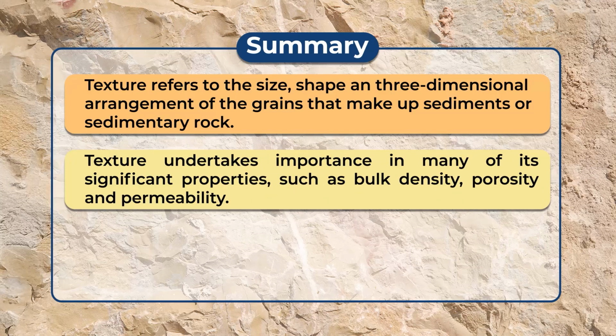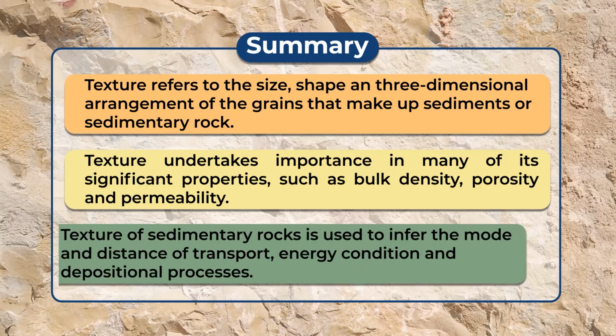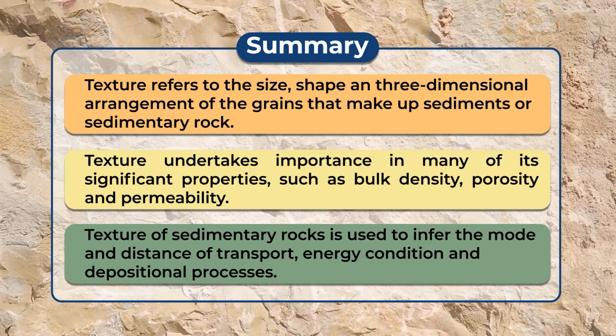Texture is important in many of the significant properties such as bulk density, porosity, and permeability. The texture of sedimentary rocks is used to infer the mode and distance of transport, energy condition, and deposition processes.